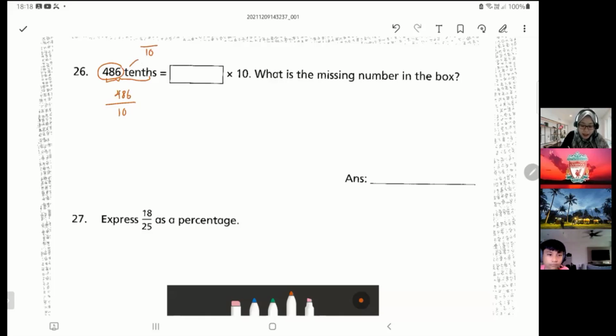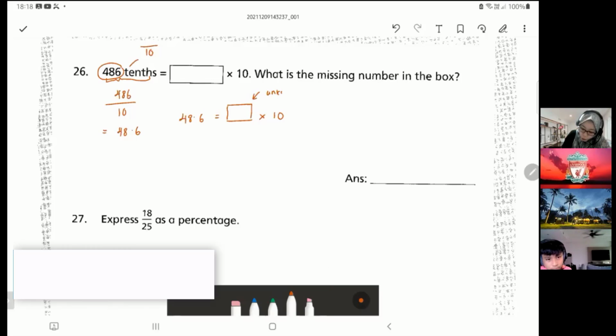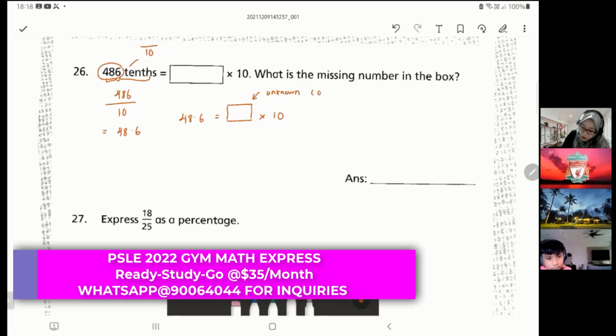Okay, and it is actually 48.6. So they're asking you, 48.6 is equals to what times 10? Like this. Okay, so to find this unknown, you do the opposite. You must do the opposite.